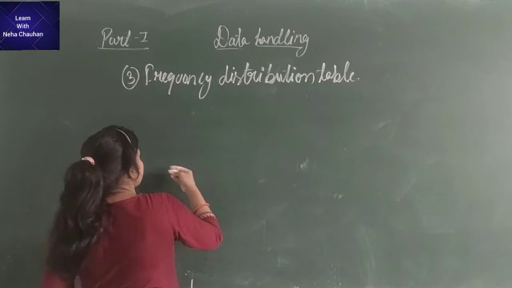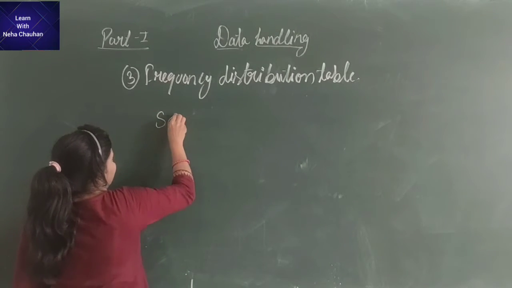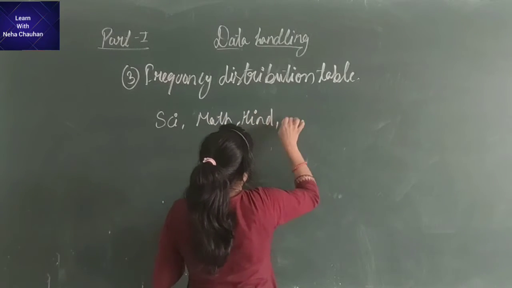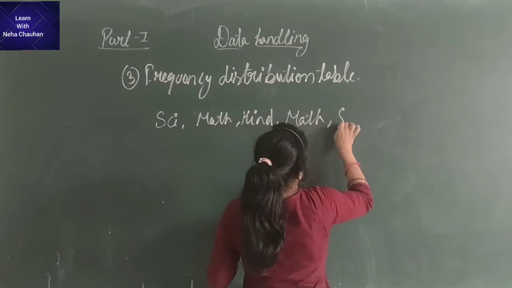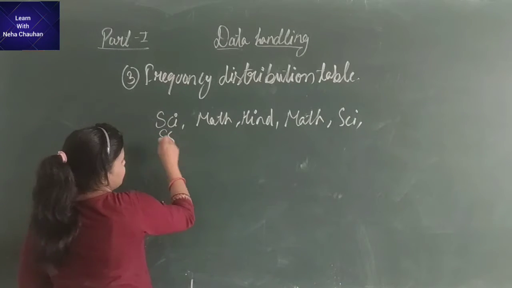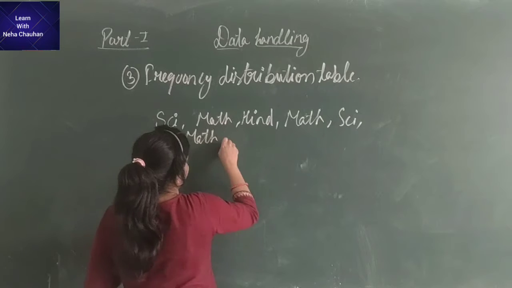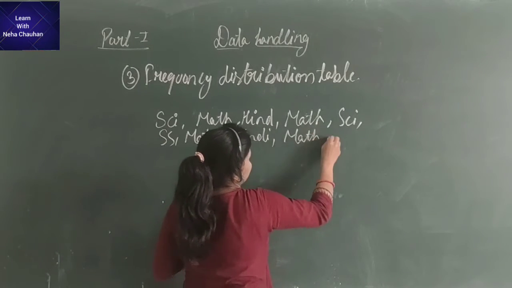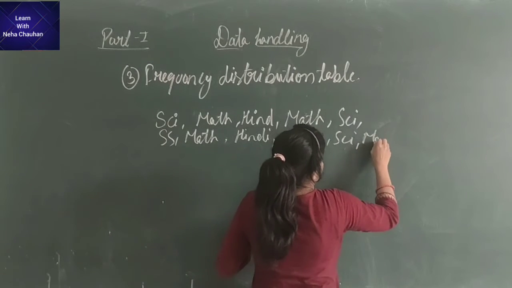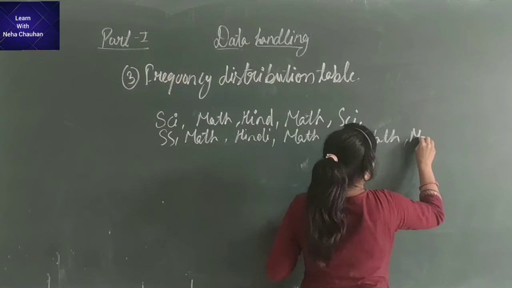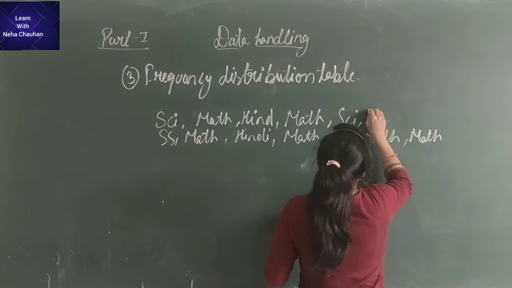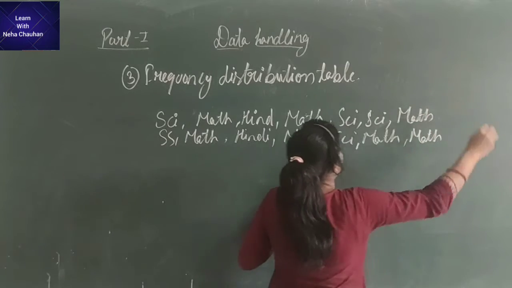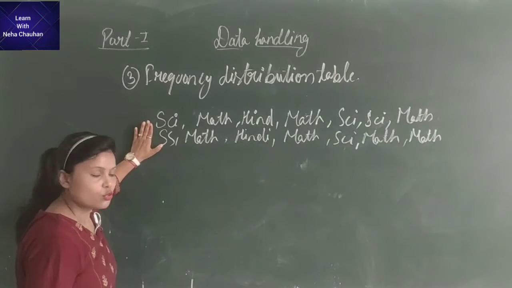Suppose some of these students say Science, Math, Hindi, Math, Science, SS, Math, Hindi, Math, Science, Math, Math, Science, Math. Alright, so this is the data you said to me.